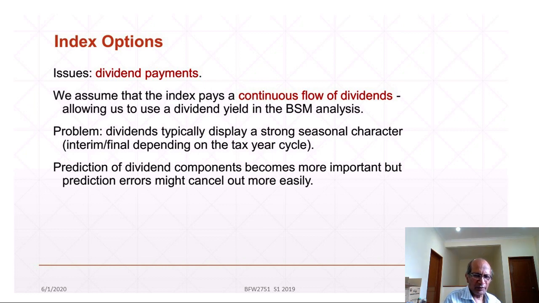There is interim or final depending on the year's tax cycle period, but we don't have to worry about that. Prediction of dividend components becomes more important, but prediction errors might cancel out more easily, because how do they look forward? What kind of dividend should be paid? If there is a declaration, then it's confirmed. Otherwise, you have to look for some kind of estimation.